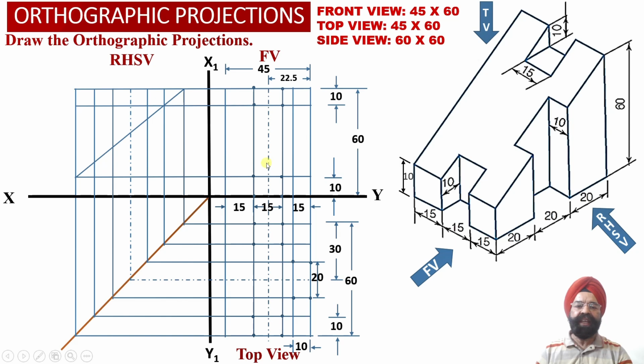Now once again, we are going to combine different orthographic views over here. Please check. Here into the top view orthographic projections, we have already obtained the true shape projection of the rectangular slot. Now, once we have drawn this horizontal projector line, this horizontal projector line corresponds to this edge. So please check, this edge is closer to the rear face of the solid. This is the rear face of the solid.